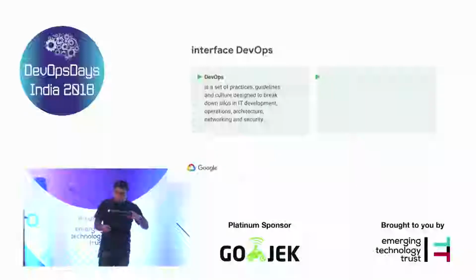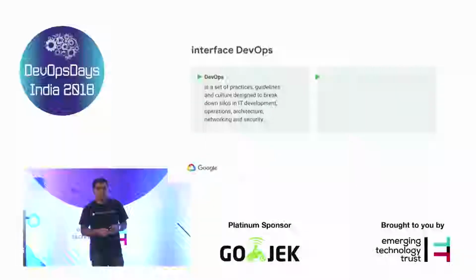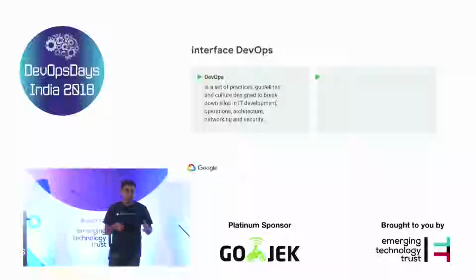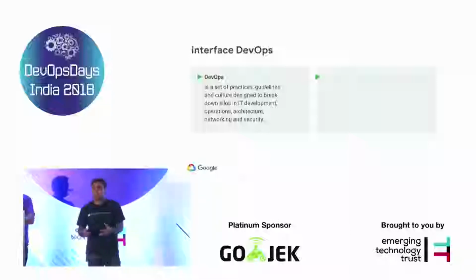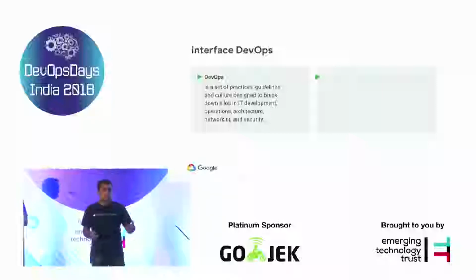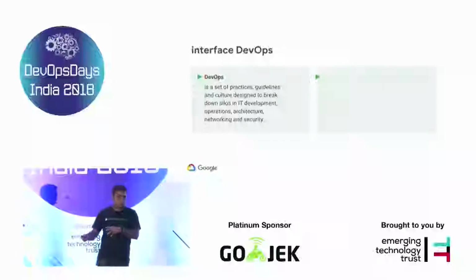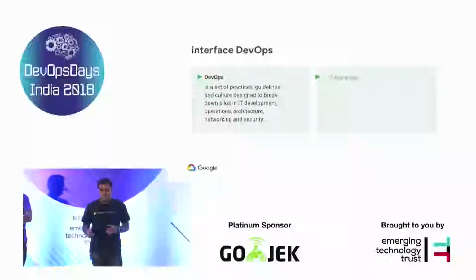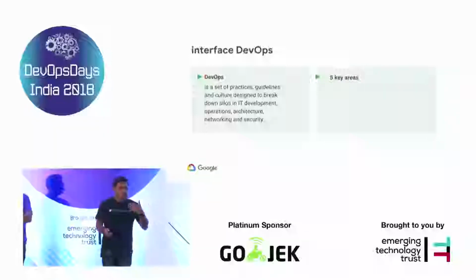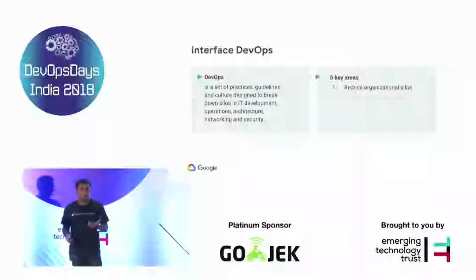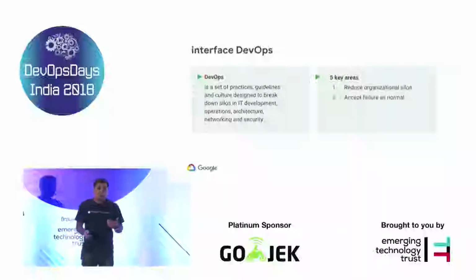So there are many definitions of DevOps. And what we at Google think DevOps means is basically a set of practices and guidelines which help reduce the silos across different teams, primarily the development, the operations, the systems, and all those teams. If you talk about the key specific areas which DevOps focuses on, the first is to reduce the organizational silos.